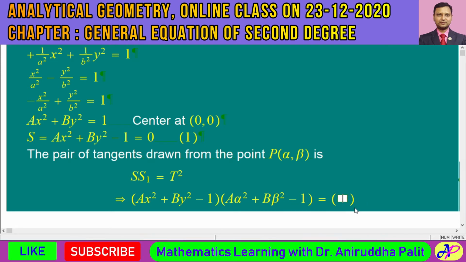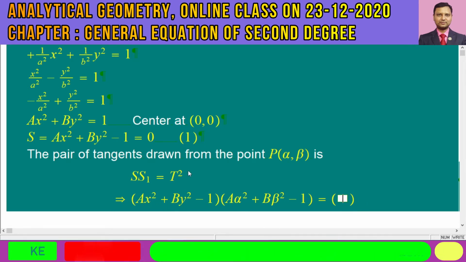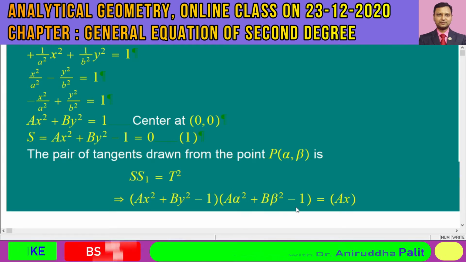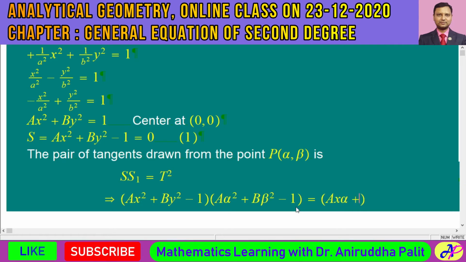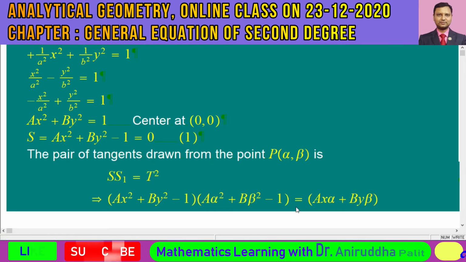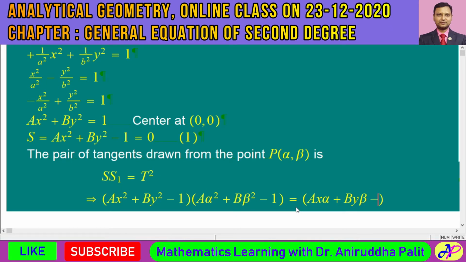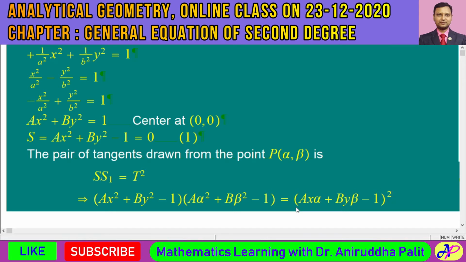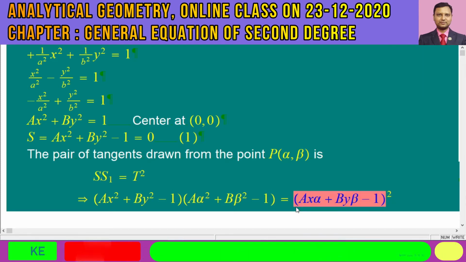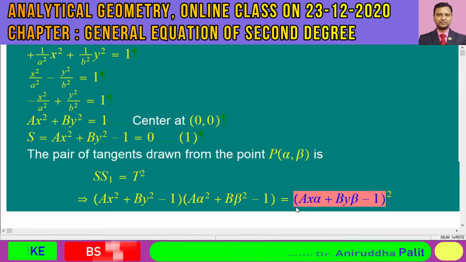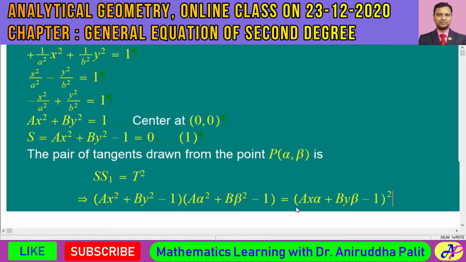Therefore, the expression of T would be a into x into alpha plus b into y into beta minus 1, whole square. So this should be the expression of capital T. Got it? So in this way, we will have the equation of the pair of tangents.